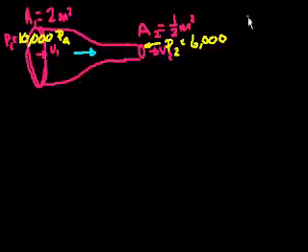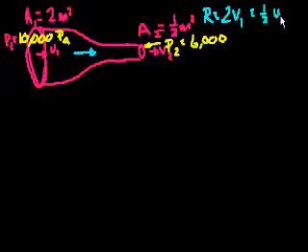So we know that the flow, which is R, which is volume per amount of time, is the same thing as the input velocity times the input area, right? The input area is 2, so it's 2v1. And that also equals the output area times the output velocity, so it equals 1/2 v2.